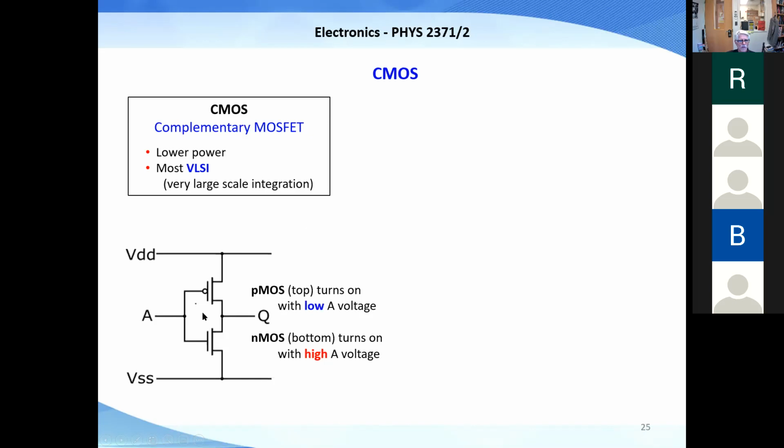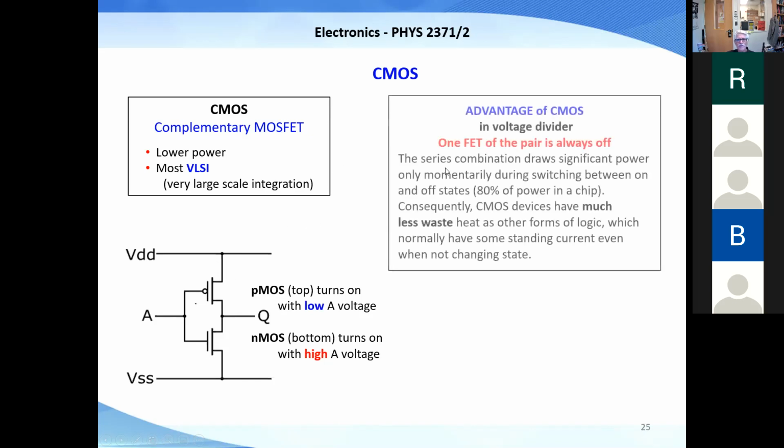So basically no current is always flowing in it. It's only flowing when it changes state. One FET of the pair is always off, so it can draw significantly less power. The power is there only momentarily during switching.